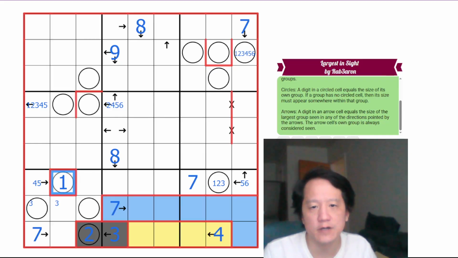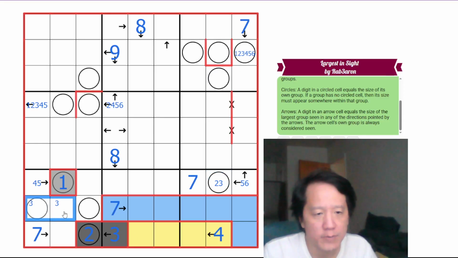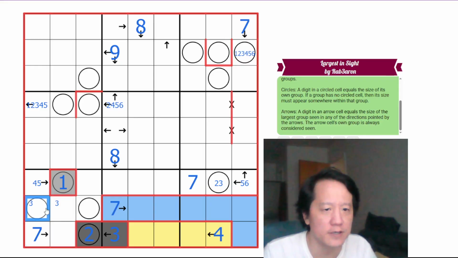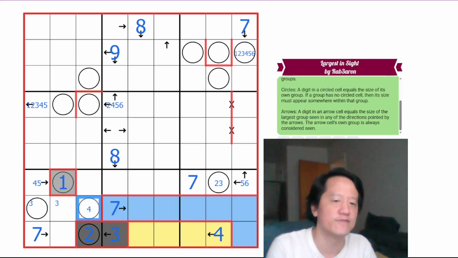We'll mark that as gray. No 1 here. It's 2 or 3. Because we already have a 3 in the box for this size. This is 2. That means this can't be 3. It has to be at least 4.